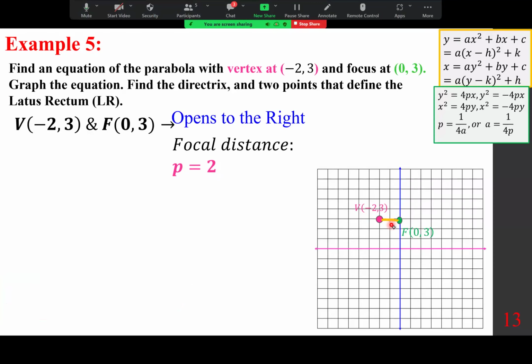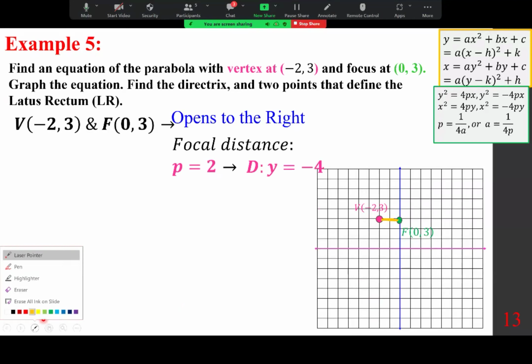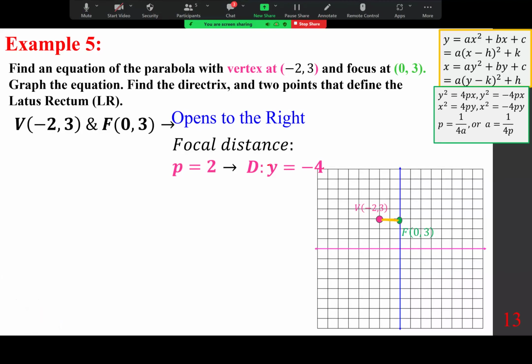And so the x coordinate for the vertex is -2. We go to the left of it, and the line, therefore, x equals -4 is the directrix.